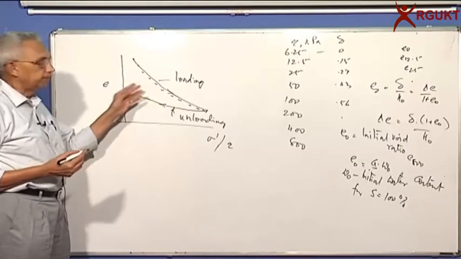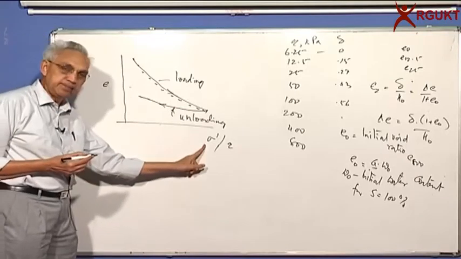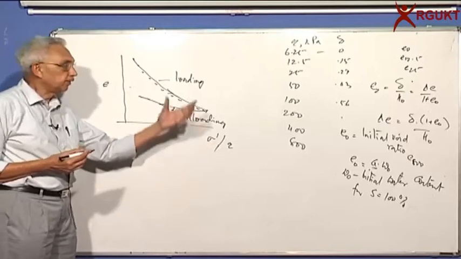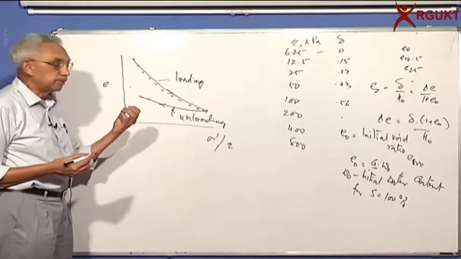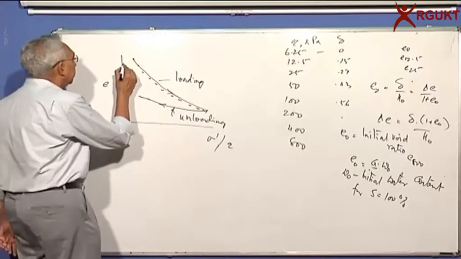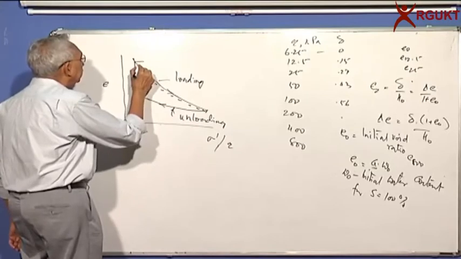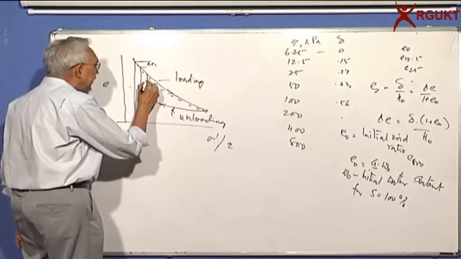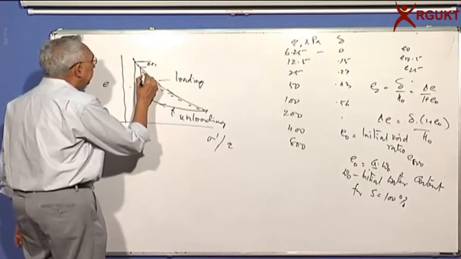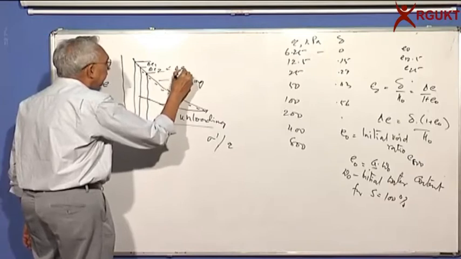Now if you have a curve, you can see that e decreases as you increase the effective stress or the load on the sample, but the change is smaller and smaller. Suppose I look here, for a small increment, the void ratio change is delta e1. For the same increment next, you will see that this difference delta e2 is less than delta e1.